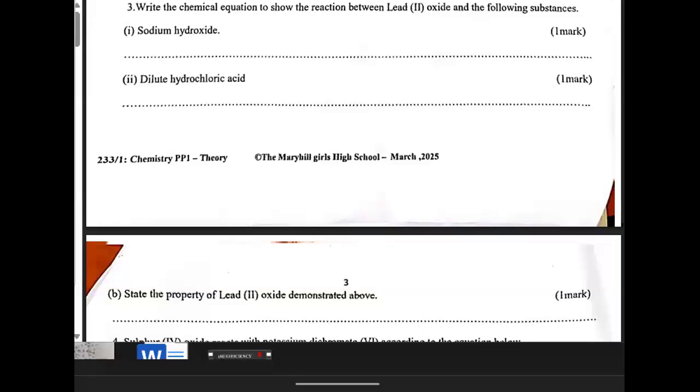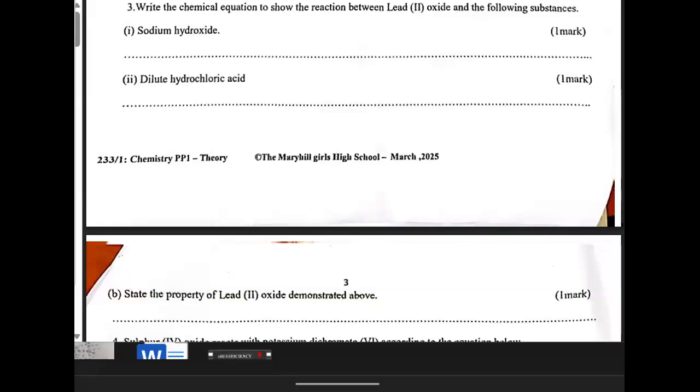Then Roman number 2. That is a neutralization reaction also. In that reaction, the lead oxide is reacting with hydrochloric acid. Lead oxide this time is behaving as a what? As a base. PbO plus HCl. The answer will be PbCl2 plus water.